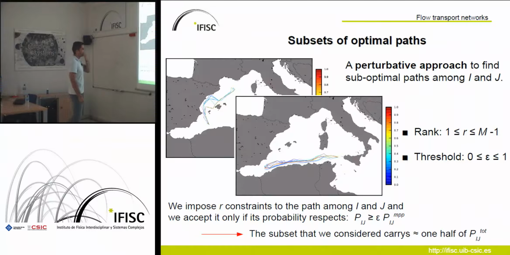So coming back to the problem of how much probability the most probable path is carrying, we wanted to address this question by detecting a subset of paths that result to be the highly probable paths. So not only the most probable, but a subset of paths that this time are carrying most of the probability.